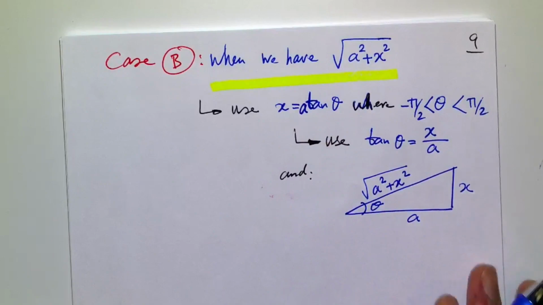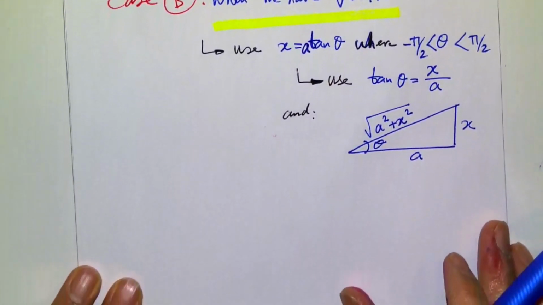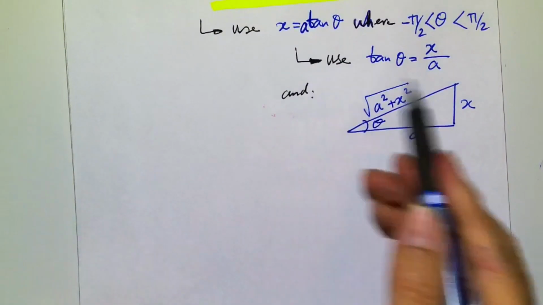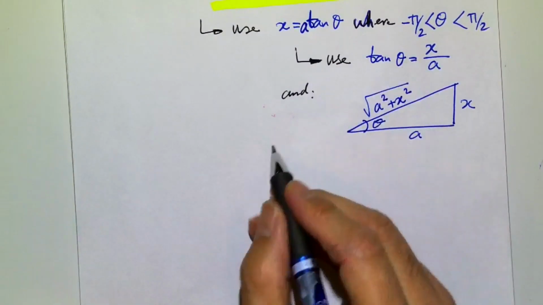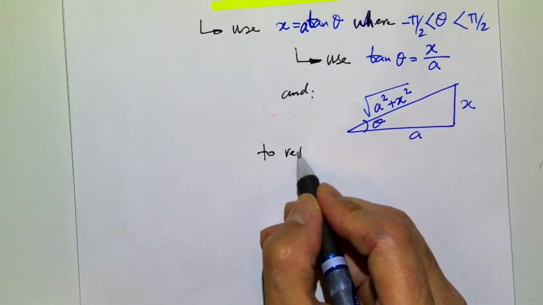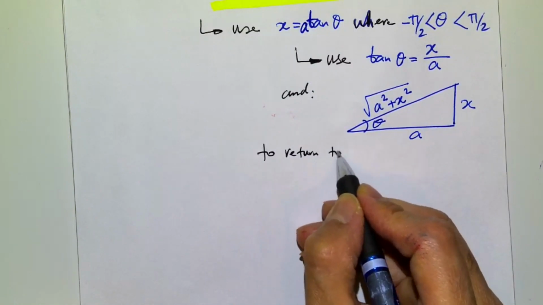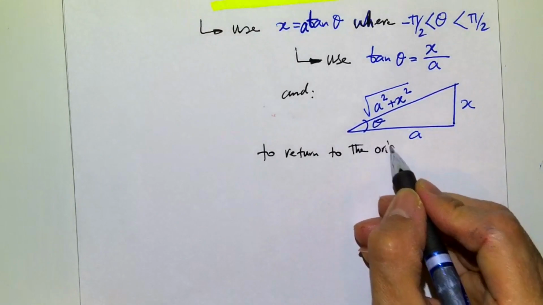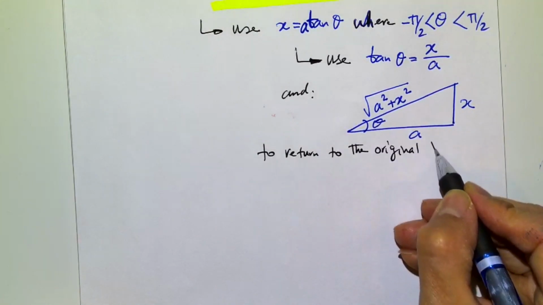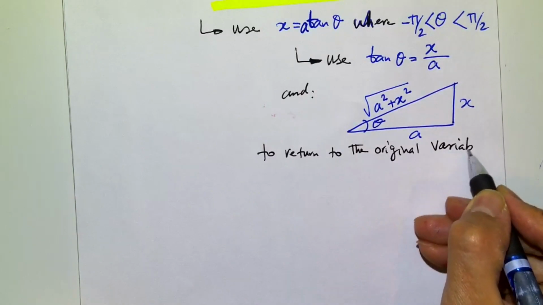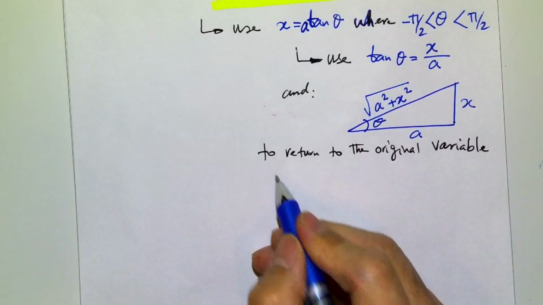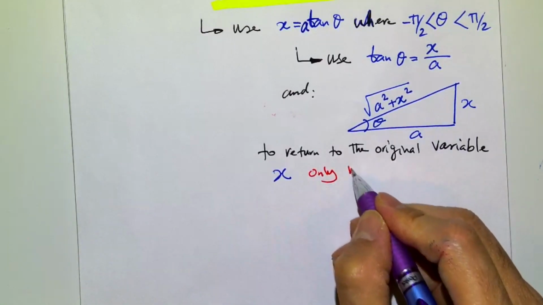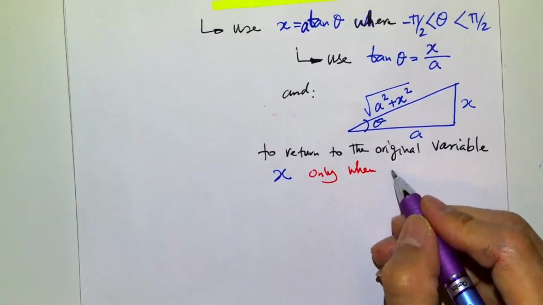So now this is the right triangle translation of that, and we're going to use this right triangle translation to return to the original variable x only when dealing with indefinite integrals.